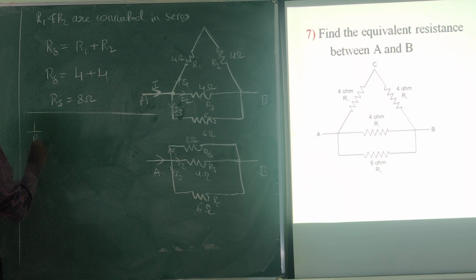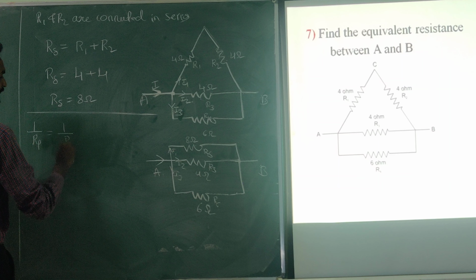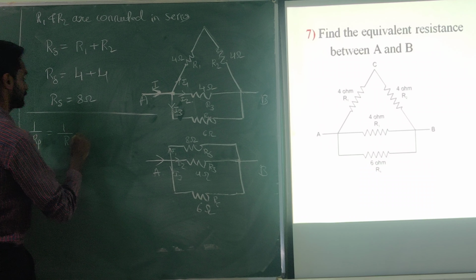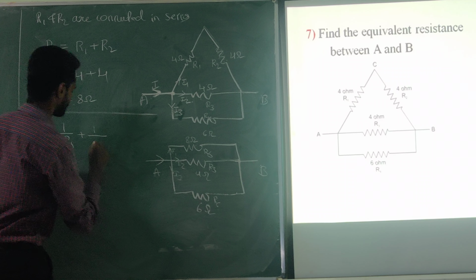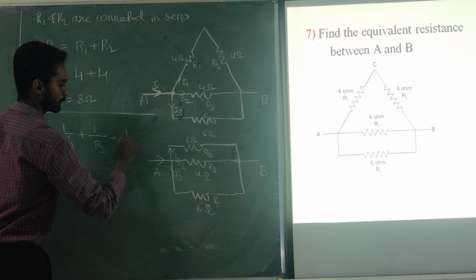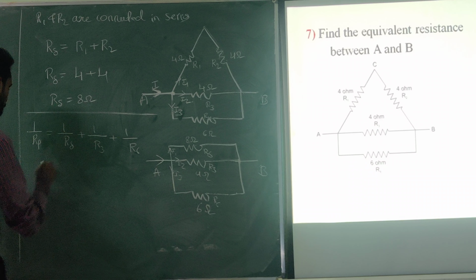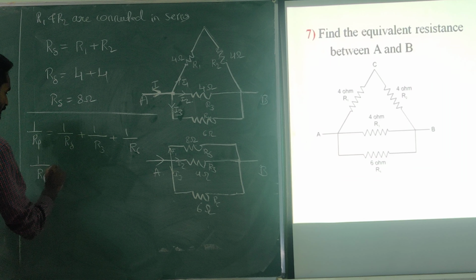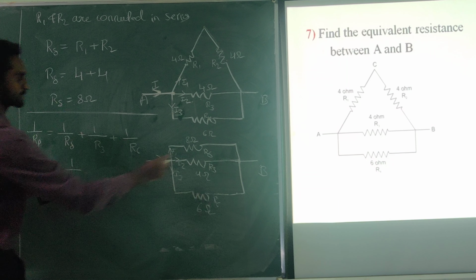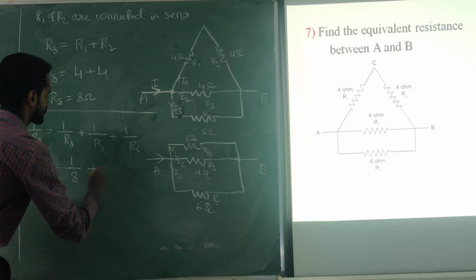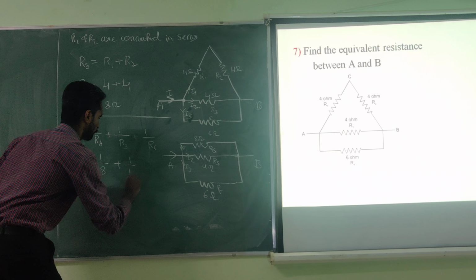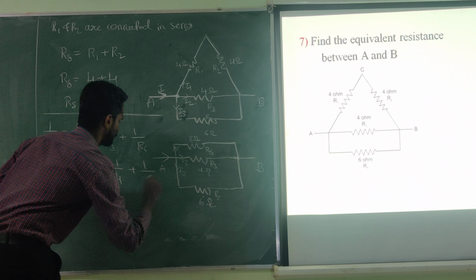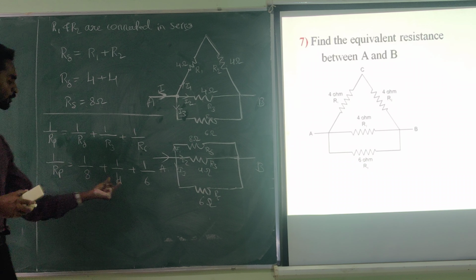1 by Rp is equal to 1 by Rs plus 1 by R3 plus 1 by R4. Substitute the values. 1 by Rp is equal to 1 by 8, the Rs value, plus 1 by 4, the R3 value, plus 1 by 6. Now 8, 4 and 6.